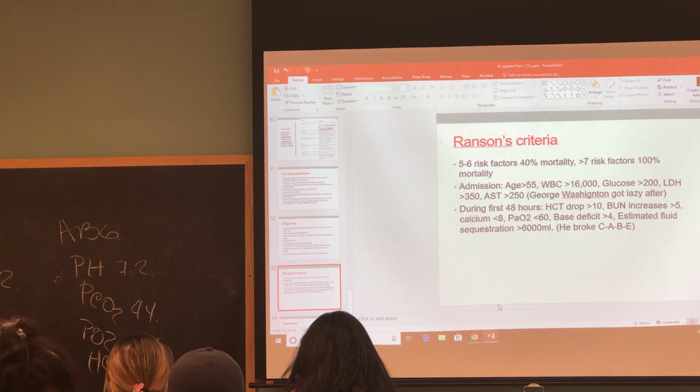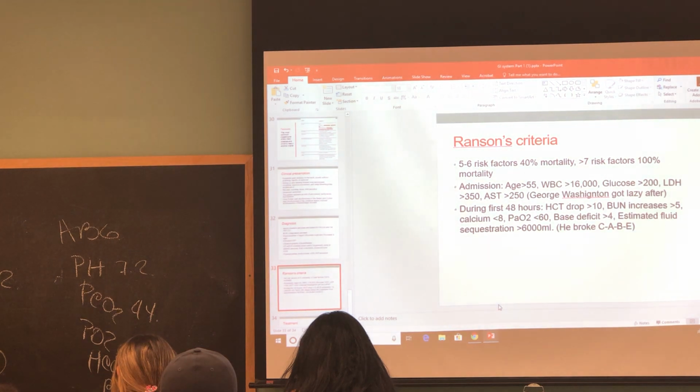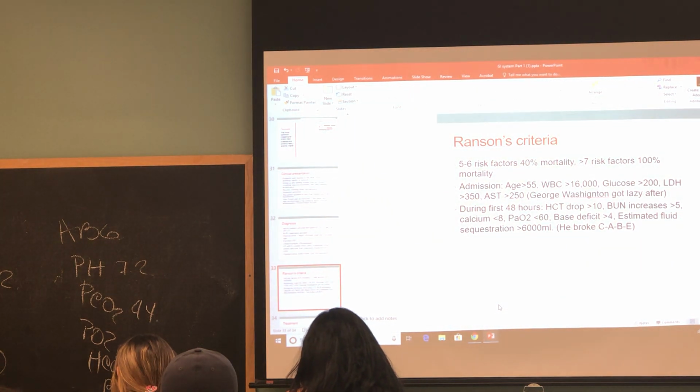And 48 hours later, you have your hemoglobin of 10 and your hematocrit of 20. Let's put 19. This is an indicative value, not of anemia, not that the patient is bleeding. It's an indicative value that the patient is in a volume overload state.